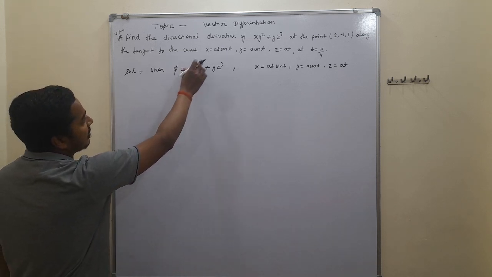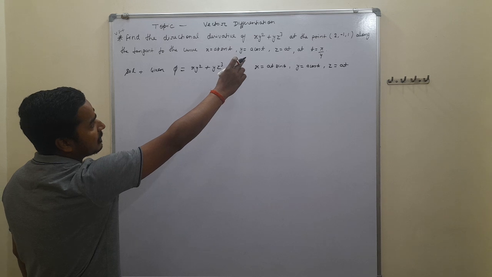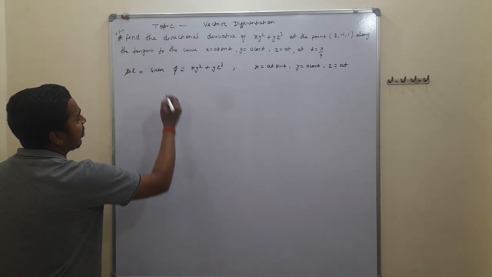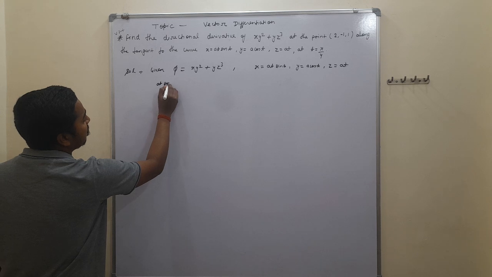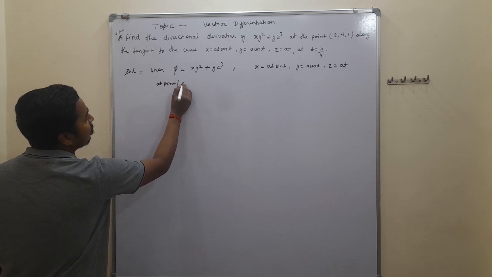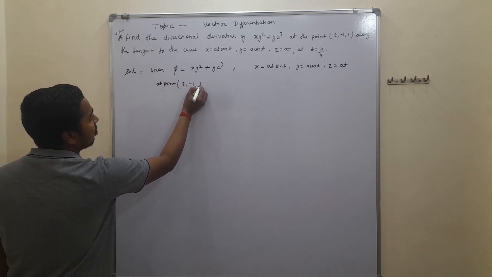First we have to find the directional derivative of xy² + yz³ at the point (2, -1, 1).